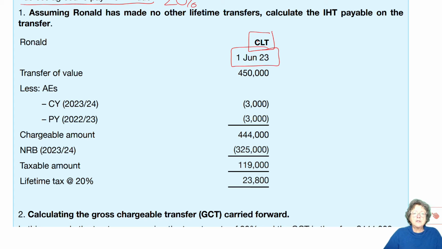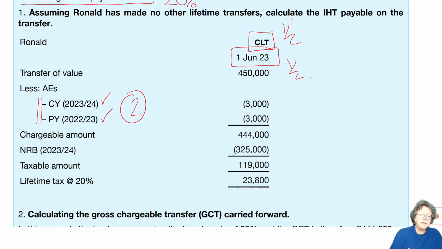Then we put in the transfer of value. We do the current year annual exemption and then the previous year annual exemption. Okay, put them in that order and put the dates in. You'll get 2 marks for that. You're going to get half a mark for that and half a mark for copying that correctly.